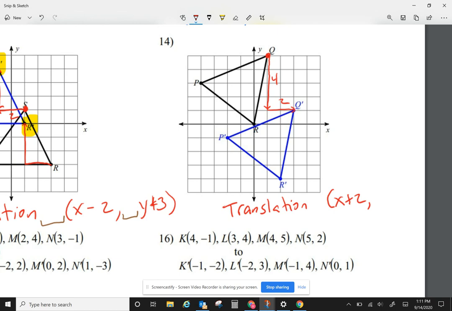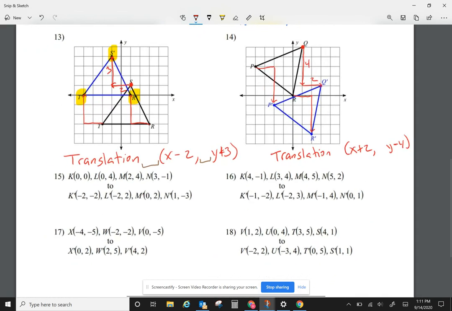First, I have to say it sideways. I went 2 to the right, so that's why x plus 2. And then y minus 4. 4 down. So 2 to the right and 4 down. If I follow every point, 2 to the right, 4 down. 2 to the right, 4 down.